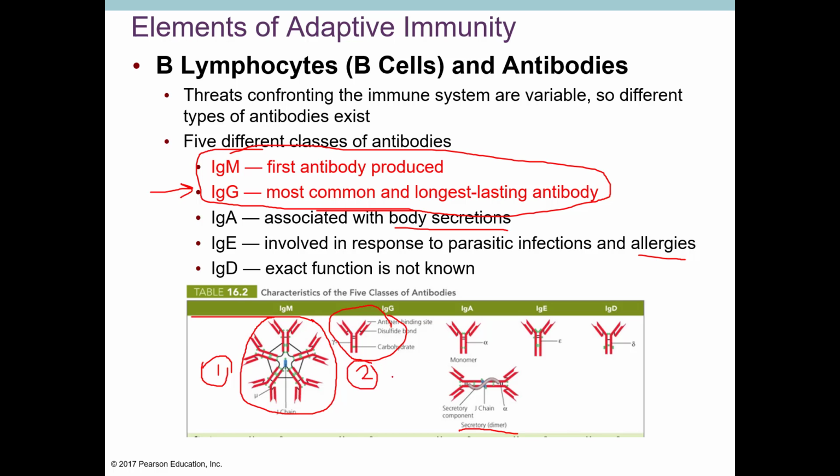Now, what difference does that make? Nothing in terms of how the antibodies function, but if you can tell which antibody is being made in a patient, you can tell whether they're having an initial response or a second response.